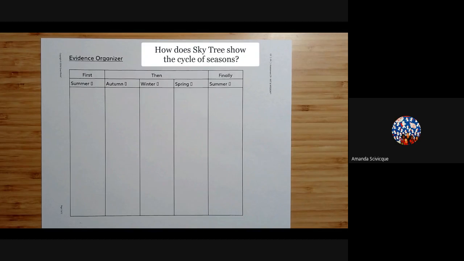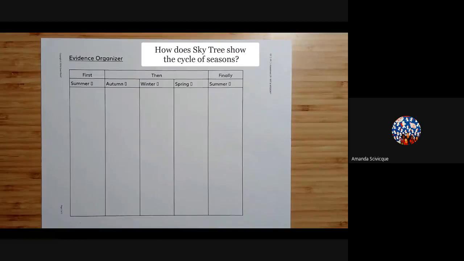So as you're rereading Skytree to gather evidence for your informative paragraph, keep this very important question in mind. We are going to work on the first 2 columns together, and then you'll complete the rest on your own with your own copy of Skytree. Ready? Let's go.